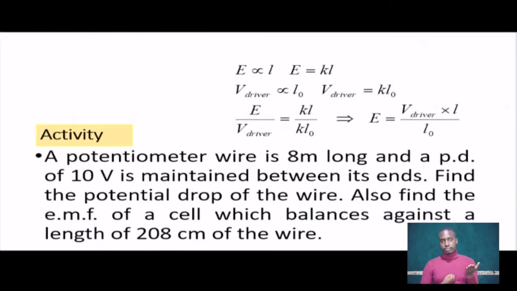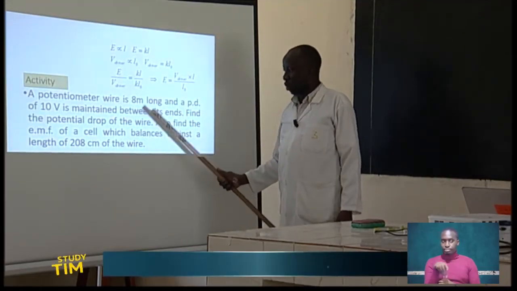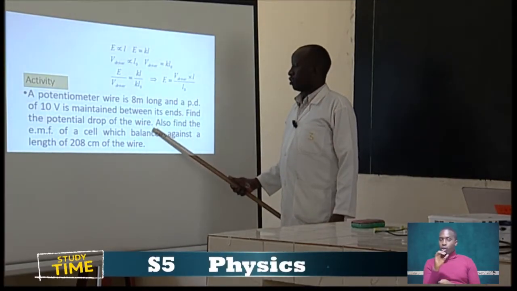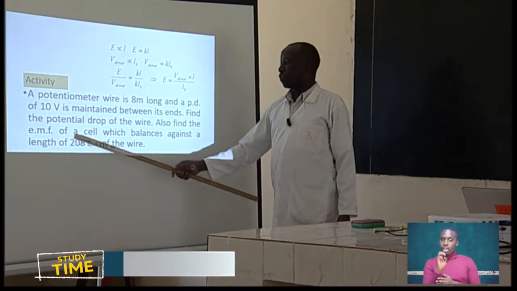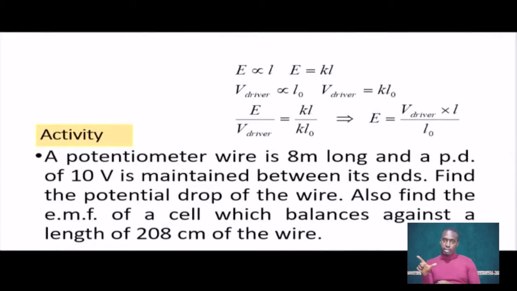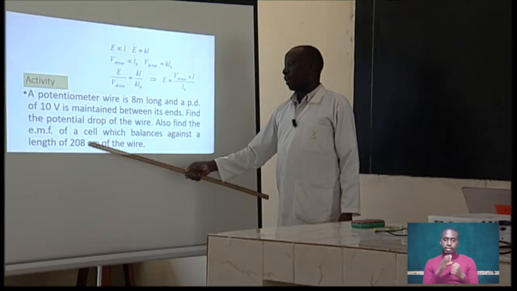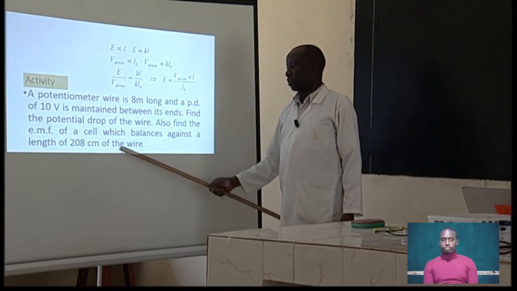A potentiometer wire is 8 meters long and a potential difference of 10 volts is maintained between its ends. Find the potential drop of the wire. Also, find the electromotive force of a cell which balances against a length of 208 centimeters of the wire.